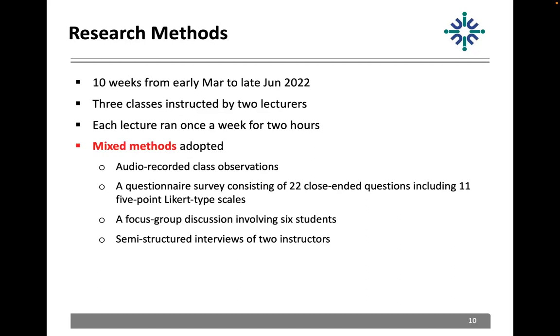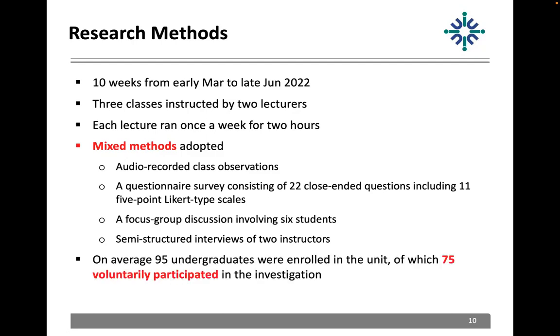And then we ran semi-structured interviews with the 2 instructors. On average, as I mentioned earlier, there were 95 undergraduates usually enrolled in this unit. And for our study, there were 75 who volunteered to participate.